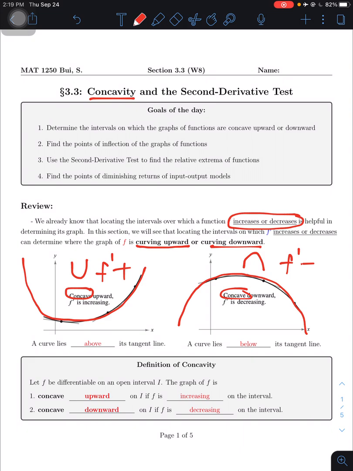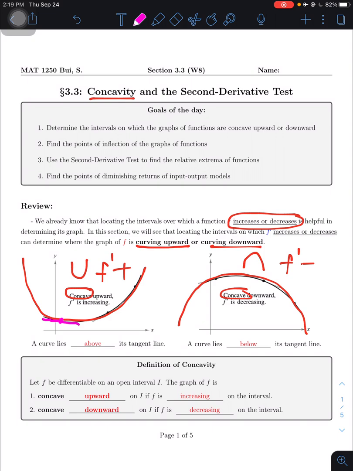Now a little more detail on each of the pictures. For the first picture, concaving upward, the curve lies above its tangent line. Let me draw the tangent line in pink. If we look at this point, the tangent line is right here, and the red curve is on top of the pink line.